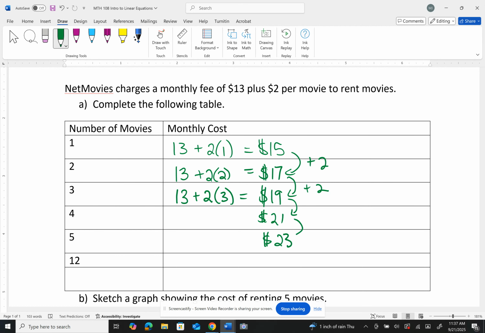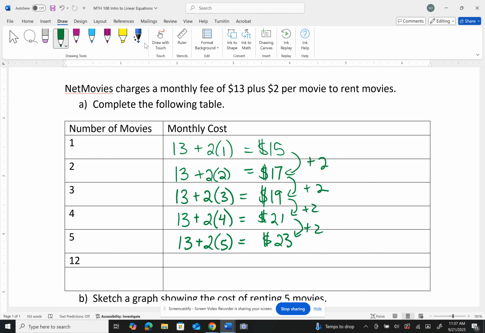So we can see that the cost would have gone up to 21 when you rent 4, and it would have gone up to 23 when you rent 5 movies. And we can see that also if we had just calculated it. 13 plus $8 would have been 21, or the flat fee of 13 plus $10 would have wound up being 23.